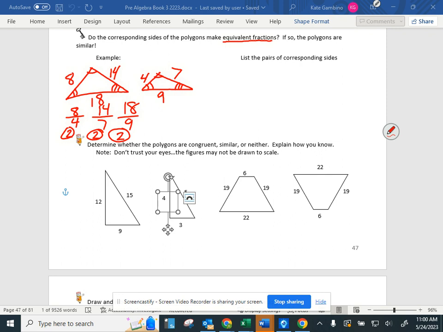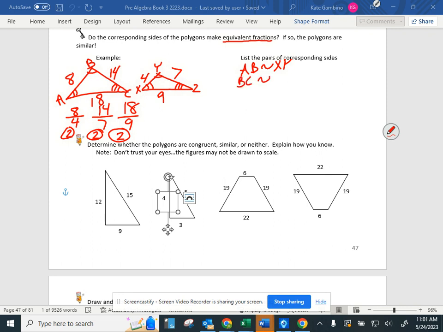Over here it says list the pairs of corresponding sides. So I'm going to label my points A, B, C, X, Y, Z. And because they are not congruent, I'm going to say AB is similar to XY.